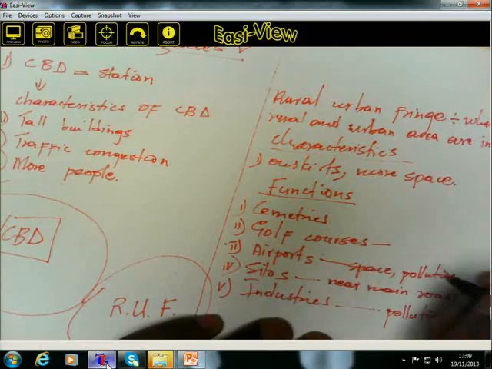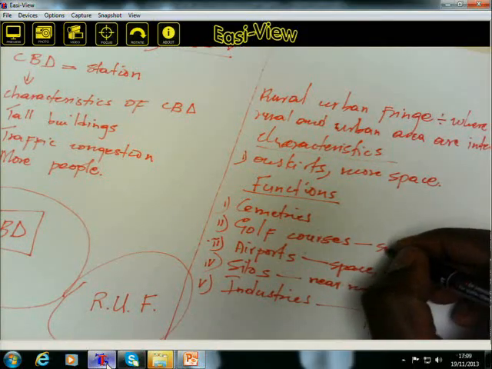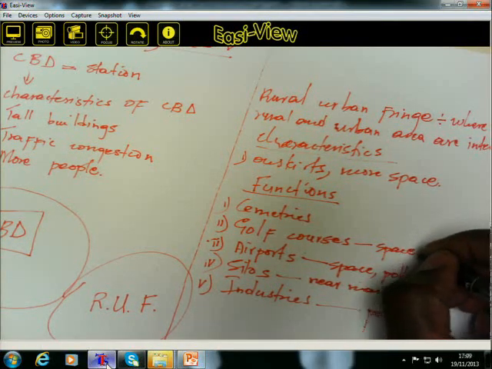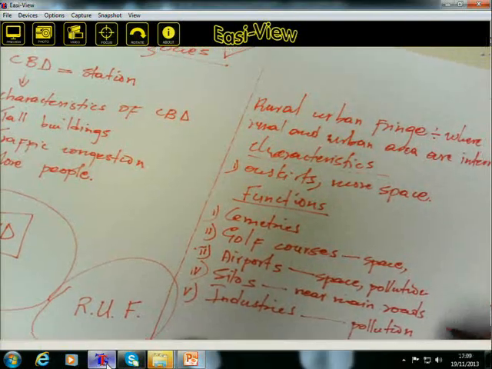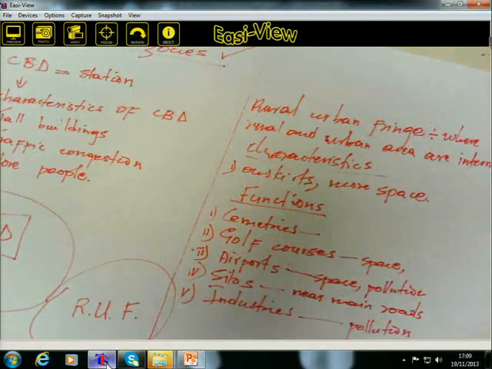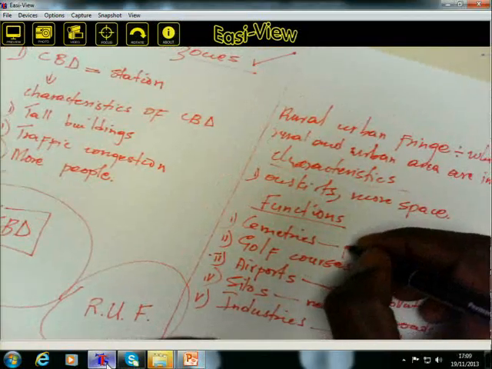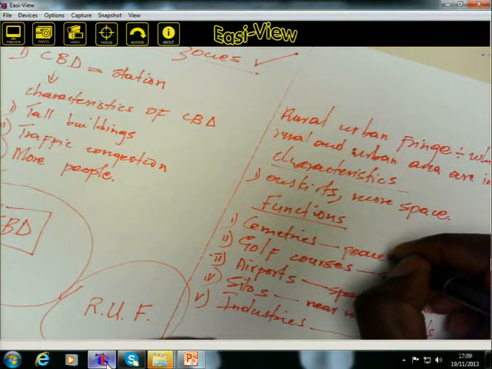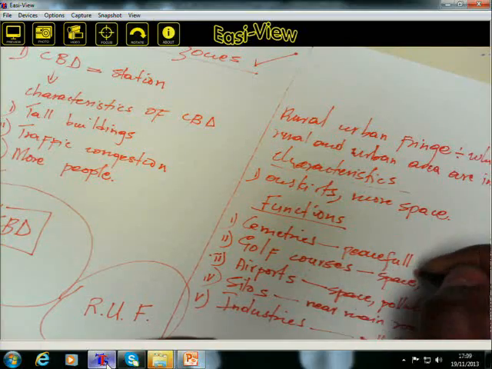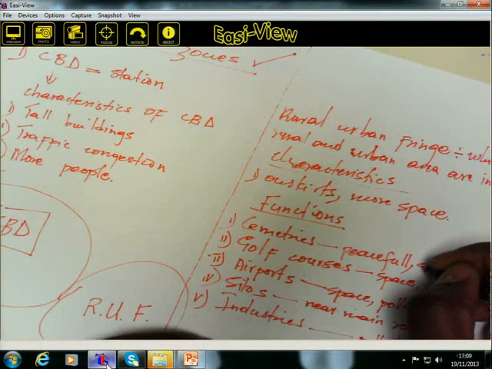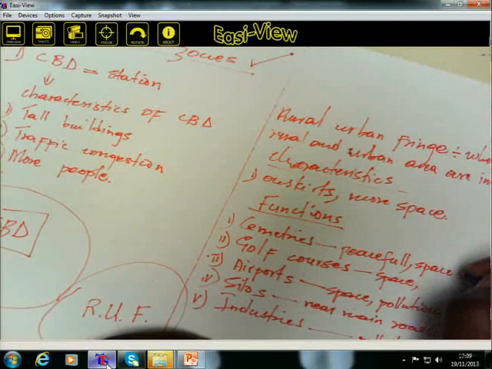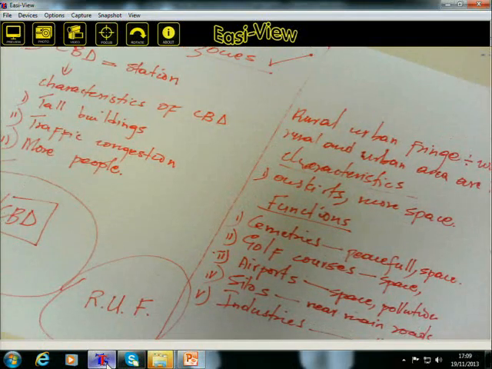A golf course, why do you get it on the outskirts? Obviously, it needs space, but it can be dangerous to people to play golf within the CBD. Cemeteries, why do you get them? Because the area should always be peaceful and for space, since it expands on a day-to-day basis.